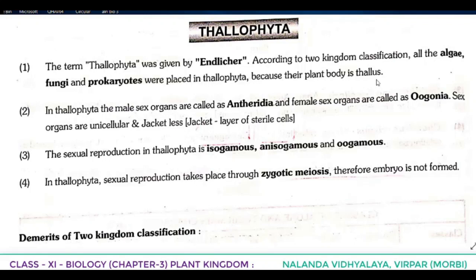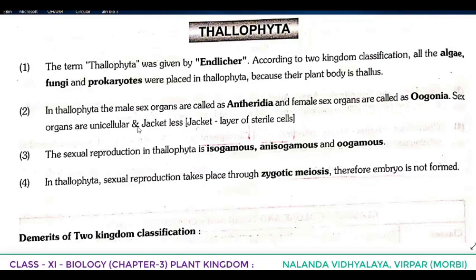The term THALLOPHYTA was given by Endlicher. According to two kingdom classification, all the algae, fungi and prokaryotes were placed in THALLOPHYTA because their plant body is thallus. In THALLOPHYTA, the male sex organs are called antheridia and the female sex organs are called oogonia.